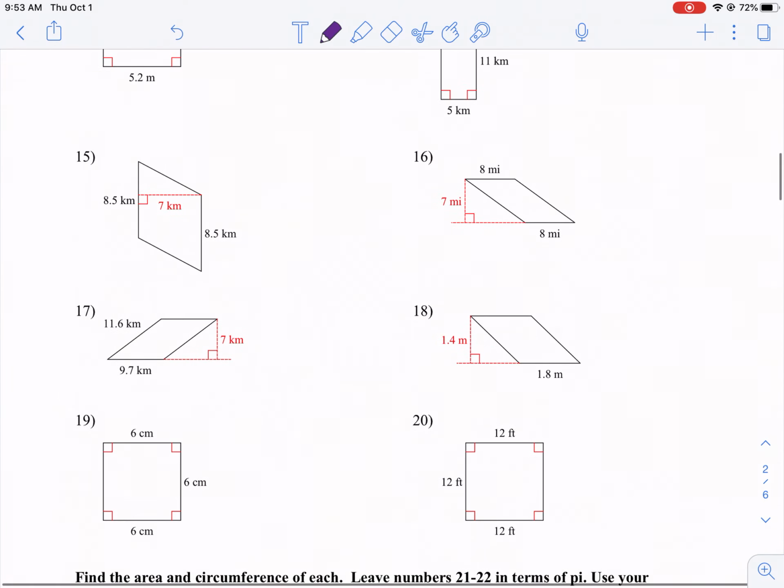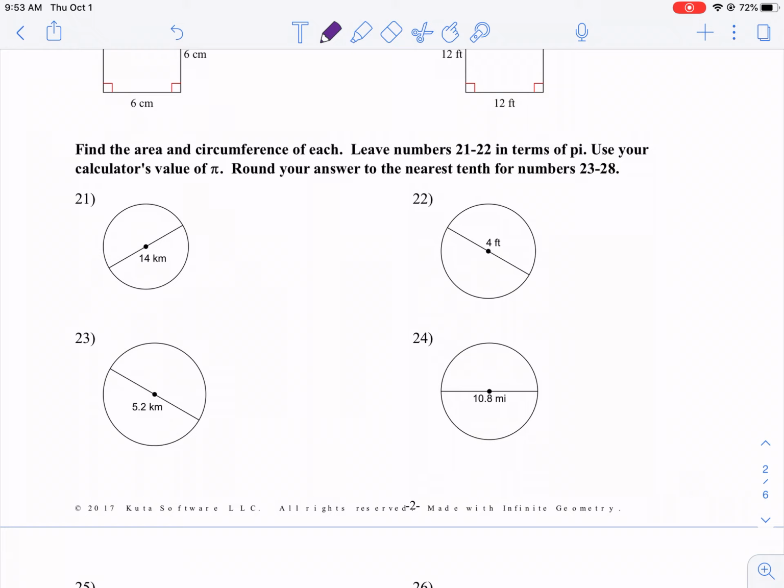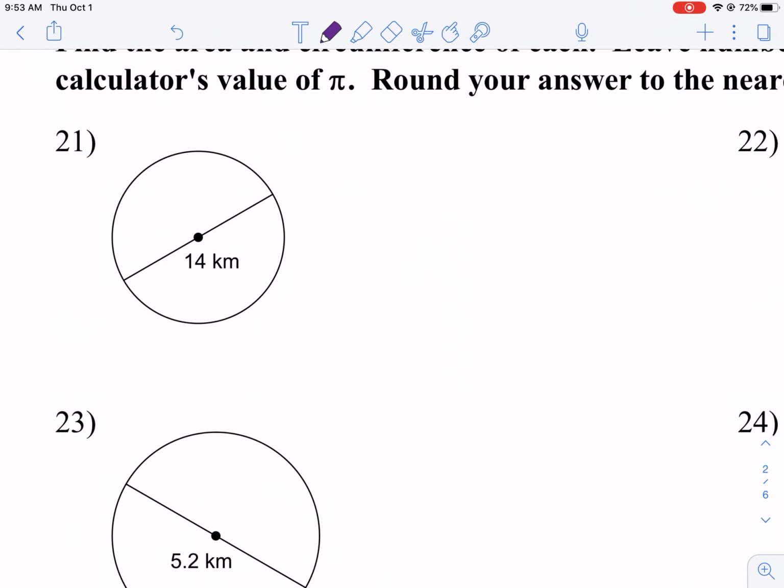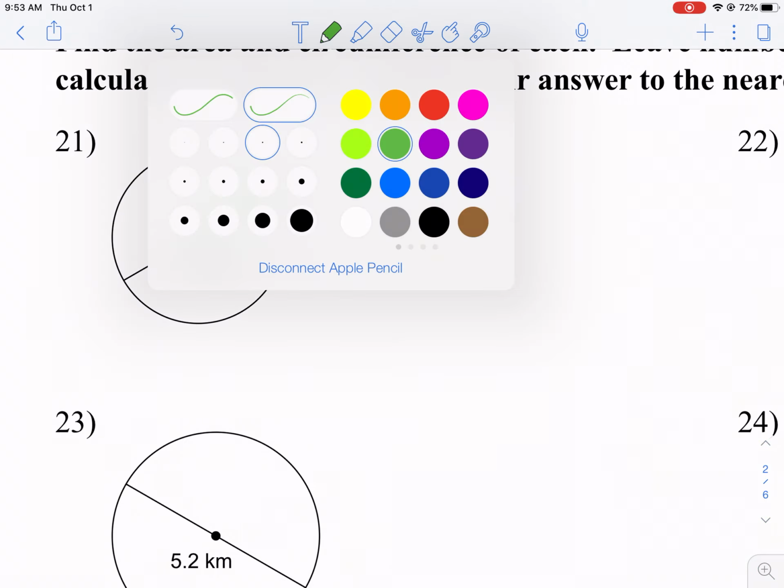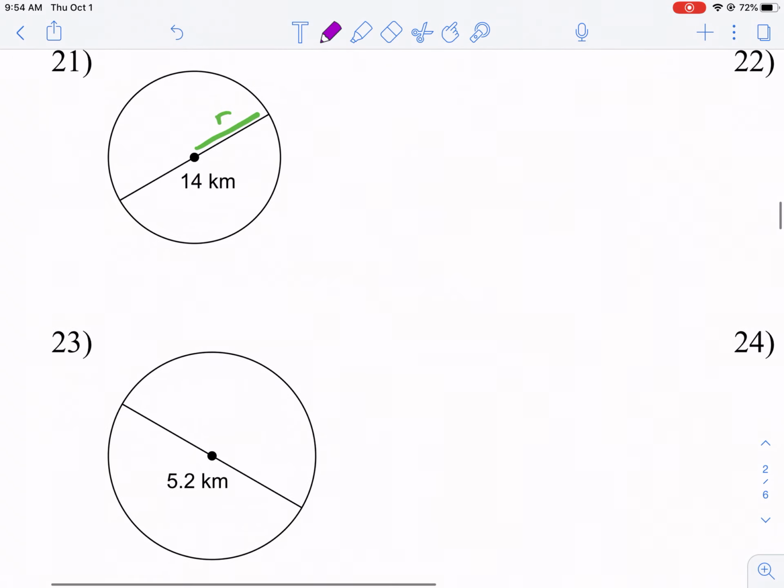Let's get into circles. Circles are a little bit different. If we're talking about the perimeter with circles, it's the same thing as circumference. Circumference is the distance around a circle, and circumference is equal to 2 times pi times r. Now, what is r? Well, we need to talk about two different parts of a circle. r is the radius of a circle, and there's also something called d, which is the diameter of a circle.